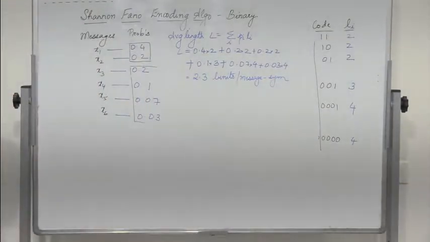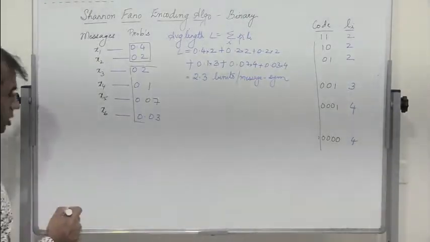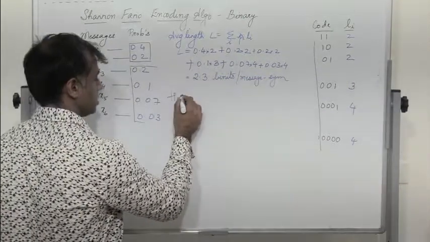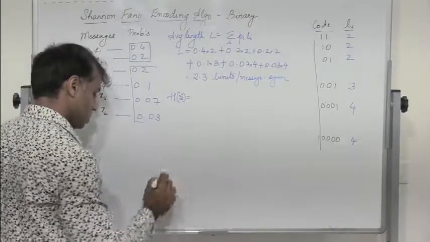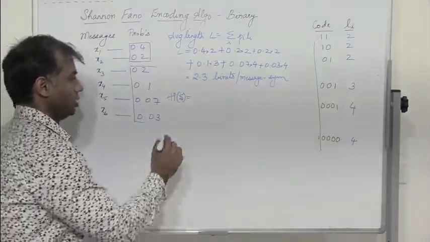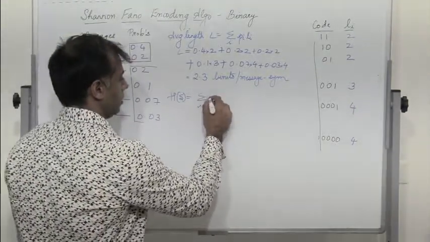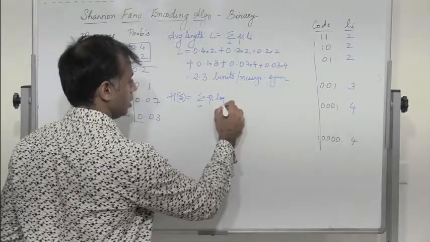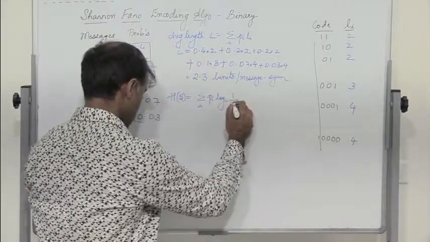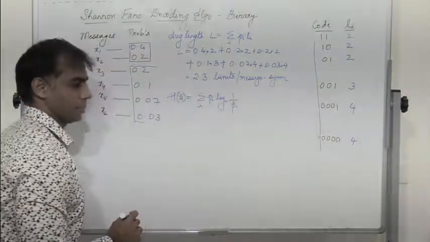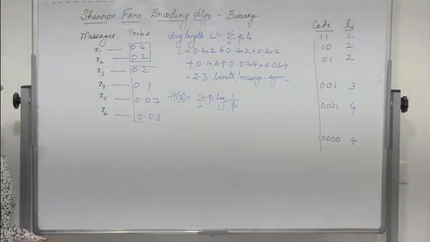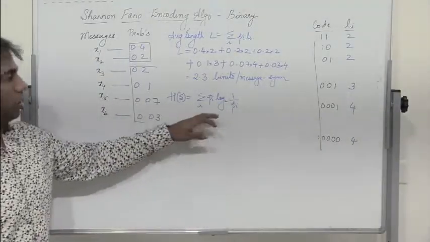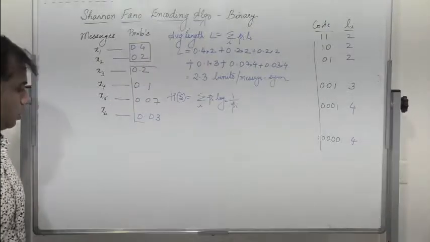Right? So now to find the efficiency, we also need to find the entropy H of S. Now what is entropy H of S? The entropy H of S is summation over i, Pi log base 2 of 1 by Pi. Right? Probability into log base 2 of 1 by probability.